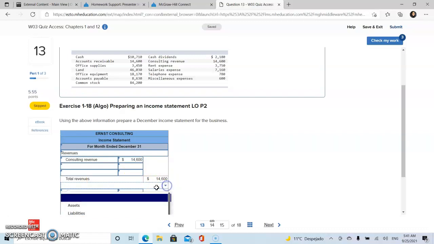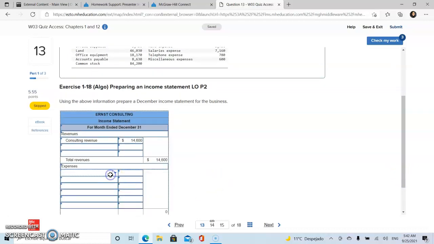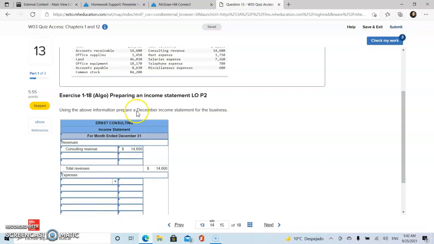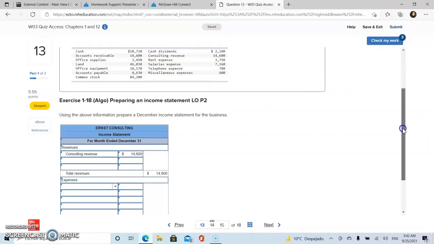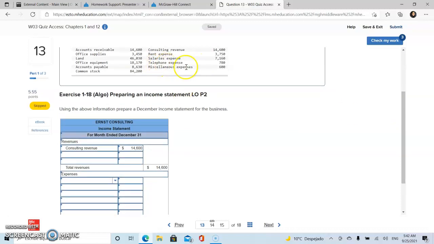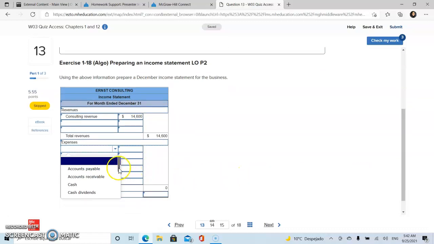Then we're going to put our expenses right here. And as we can see right here, we have rent expense, salary expense, telephone expense, and miscellaneous expense. So we're going to go ahead and put that information in our statement.